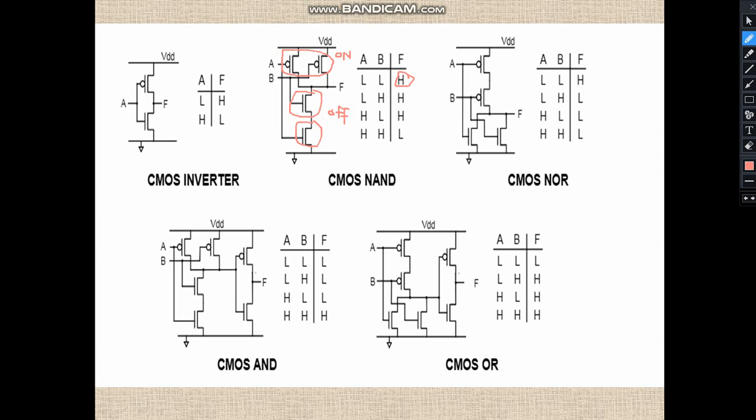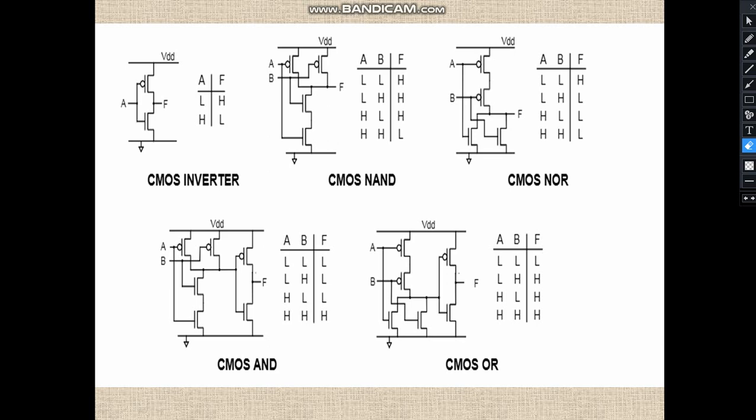If one input is high and the second one is low, the path to ground is not connected because they are in series.